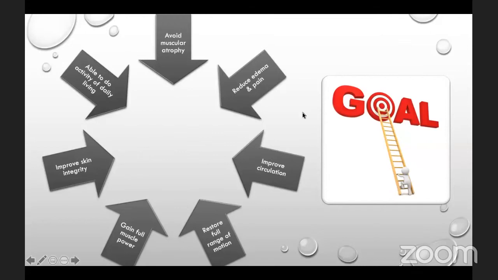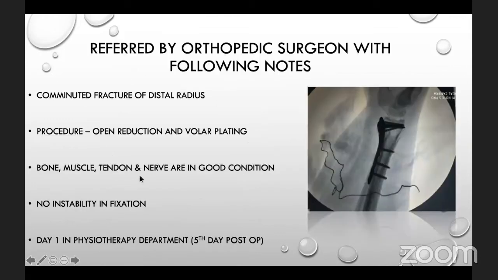Okay, sir. So, just to remind you again about my previous slide, I got a referral from Dr. Akram with the following notes: it was a case of comminuted fracture treated with internal fixation with volar plating.